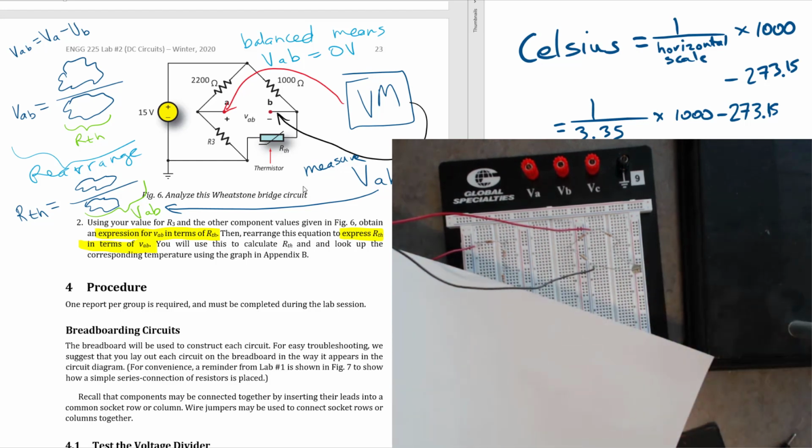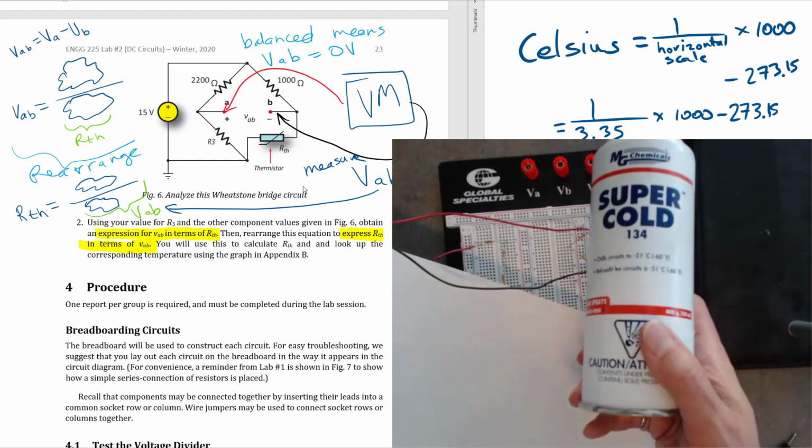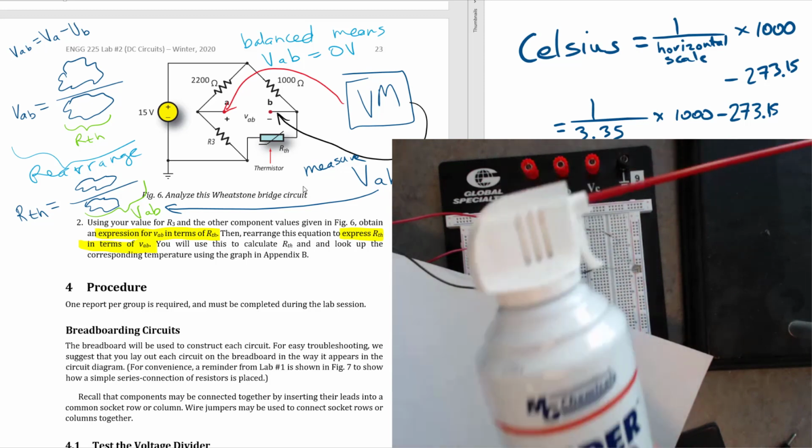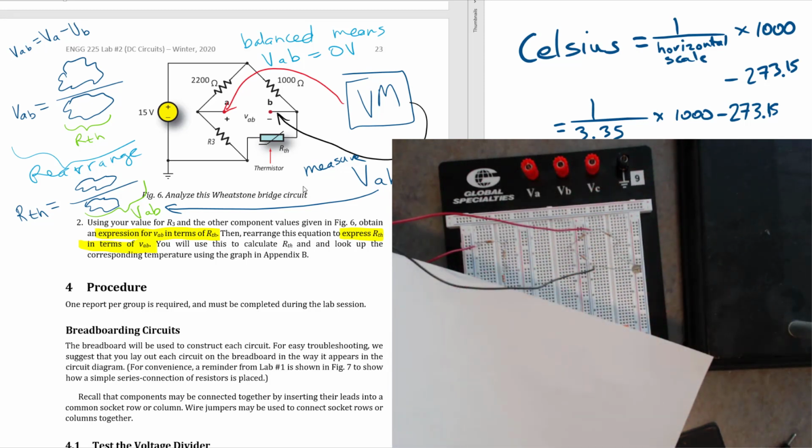And then what we're going to do is we're going to use some cold spray. So that's going to be super cool. And what this does is it shoots out a liquid which evaporates really quickly, so we'll just blast it for a very short time, just like what I did there, and then that'll bring the temperature down, and then we can measure the temperature of what it went down to.